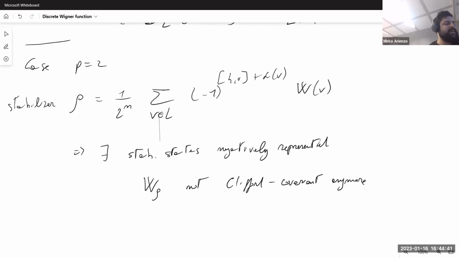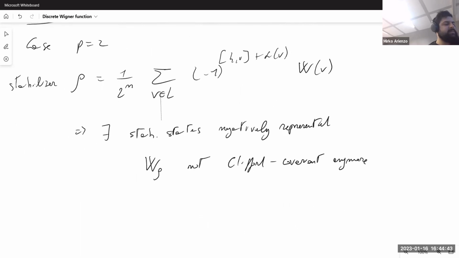And one idea to construct a discrete Wigner function for qubits would be to find a different Clifford covariant operator basis instead of the phase point operators.